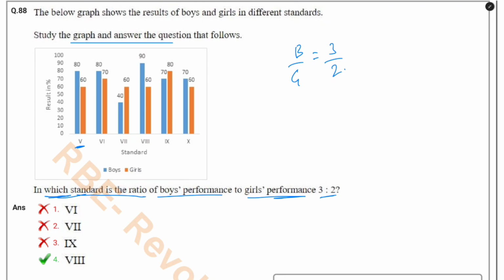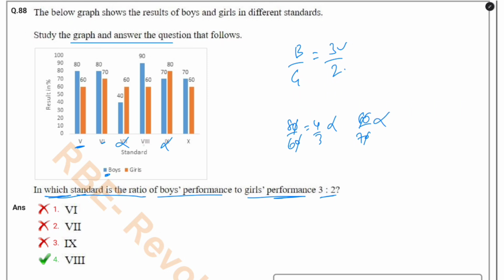So first, fifth, boys is blue. So 80 divided by 60. Boys should be more here. So this is eliminated because here boys are less. So 80 divided by 60 means 4 divided by 3. So this is wrong. Next here 80 divided by 70. So this will never be 3 by 2.